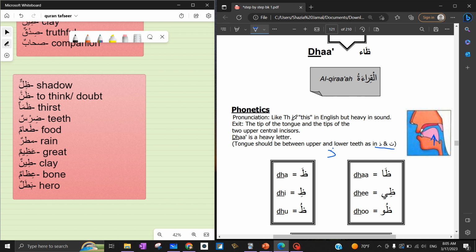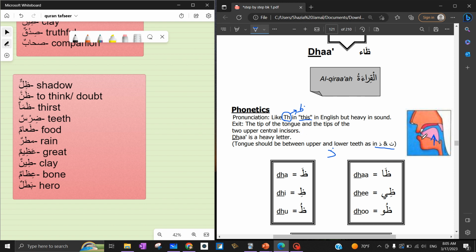Whenever you see the th in English, it represents the Arabic letter tha, but it's heavy. In English, how you pronounce this is the same in Arabic, and it is a heavy sound. So what is the articulation? The tip of the tongue and the tips of the two upper central incisors.